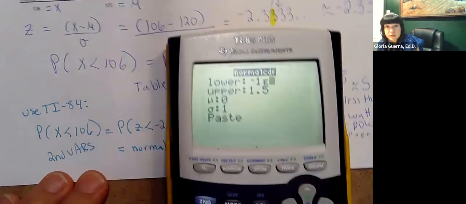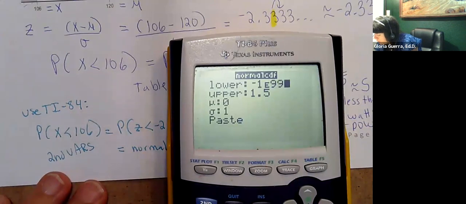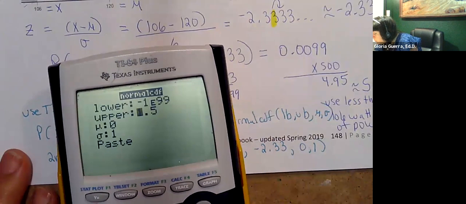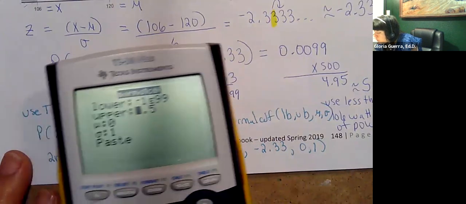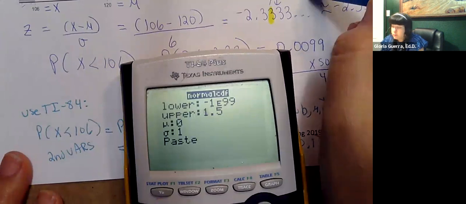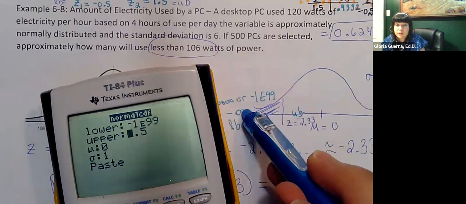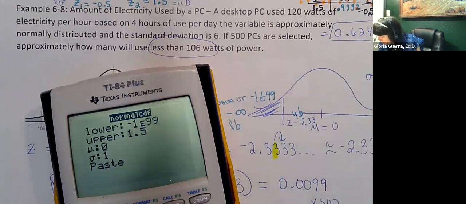And it gives you your E, and then do 99. And then it was from the negative 1E99 to negative 2.33. Remember, it's shaded from left to right. It stopped at negative 2.33.